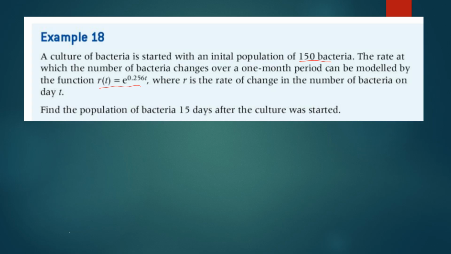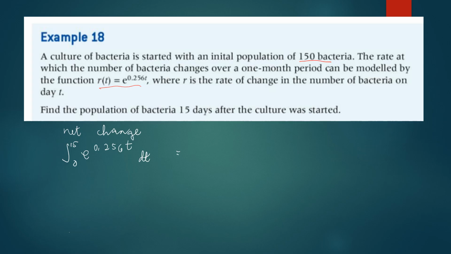So we find the net change in the growth of bacteria. We can find that by integrating e raised to 0.256 t from day 0, the initial day, to 15.